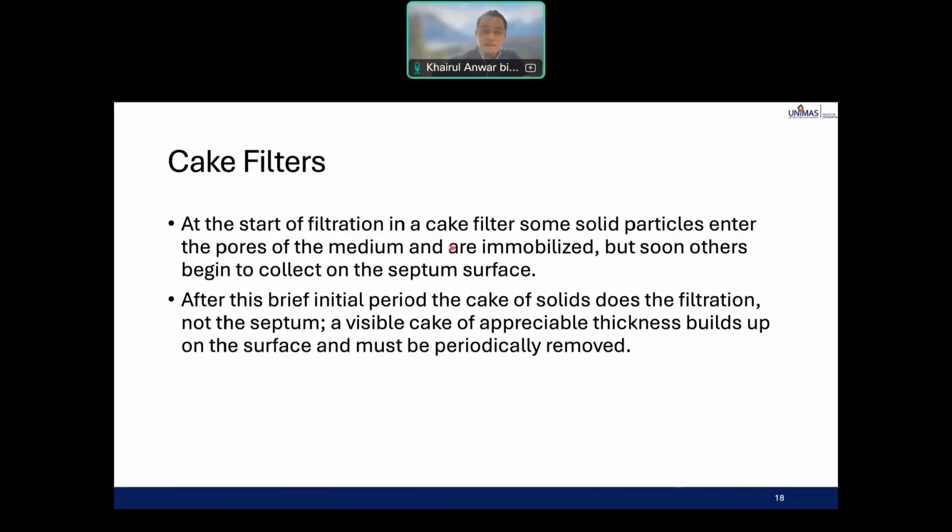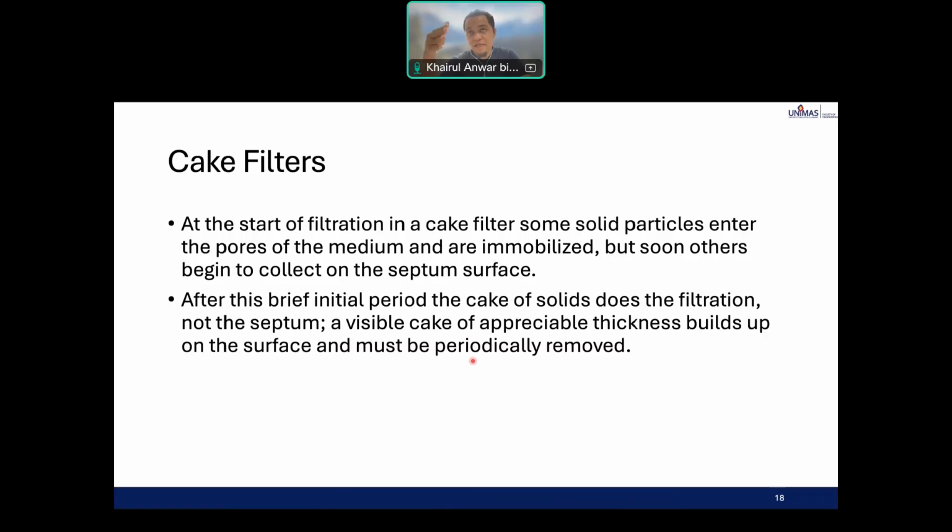After this brief initial period, the cake of solid does the filtration, and not the septum. A visible cake of appreciable thickness will build up on the surface and must be periodically removed. Yes, correct. So after some time, the concentration of the cake is too high, meaning only some fluid can pass through the filter.